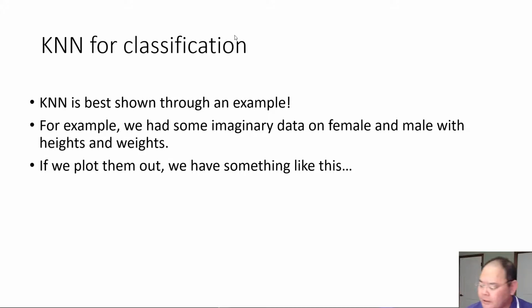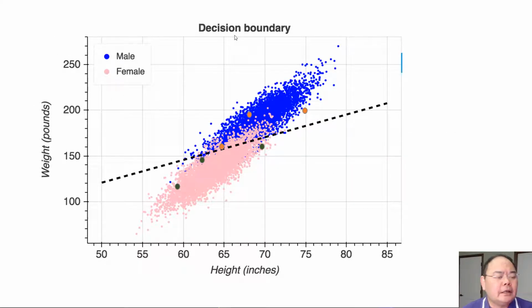If we plot it out, we get something like this. The pink dots represent the female population, and the blue dots represent the male population. So this is our training data set. Now we get a new set of data, in orange or green, and we would like to predict whether their gender is male or female.